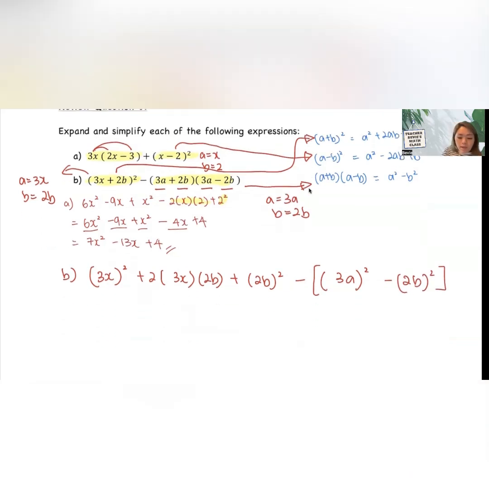So I'm going to expand all this further. 3x squared, I get 9x squared, plus 3 times 2 times 2, that is 12xb. Then for this one, I have 4b squared, minus, because of this negative, I still have to keep my bracket so later I can flip my sign. This is 9a squared minus 4b squared.